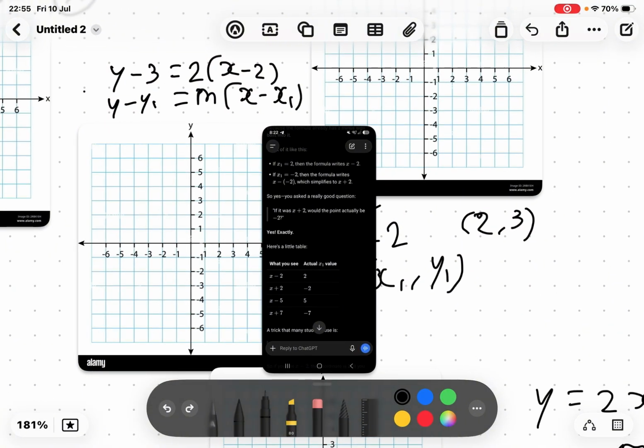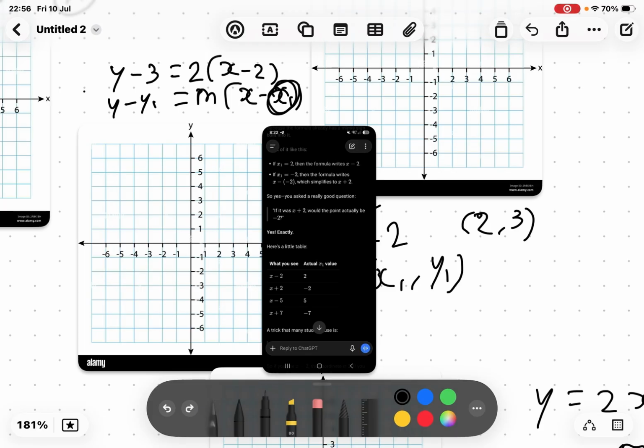So if x equals, then the formula writes, so think of it like this. If x1 equals negative 2, then the formula writes, just to make it negative.